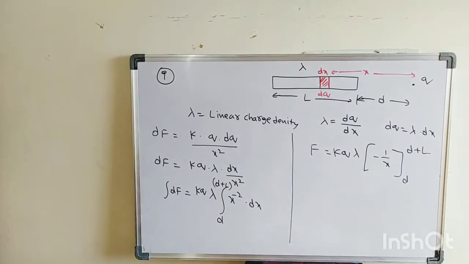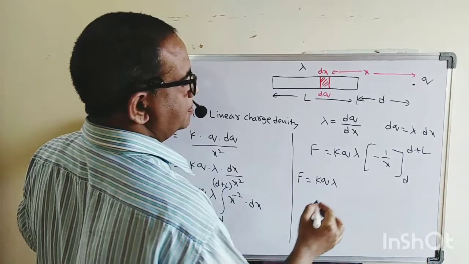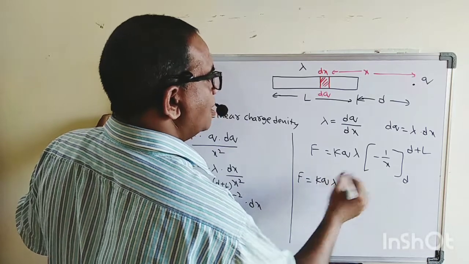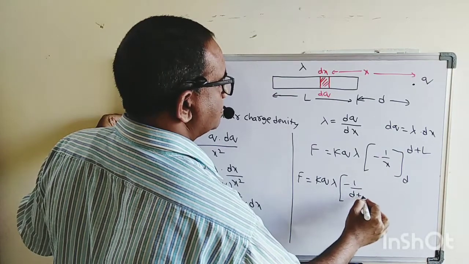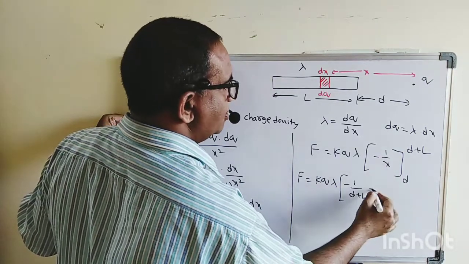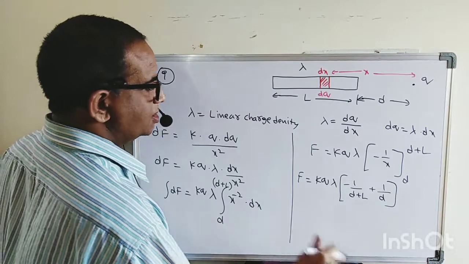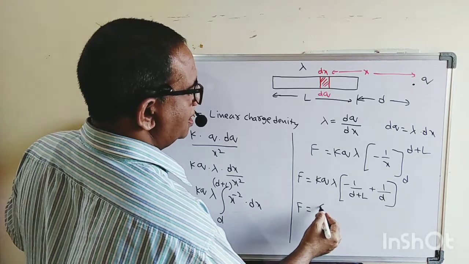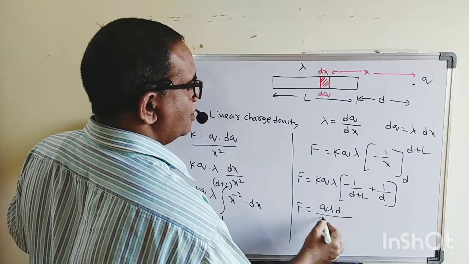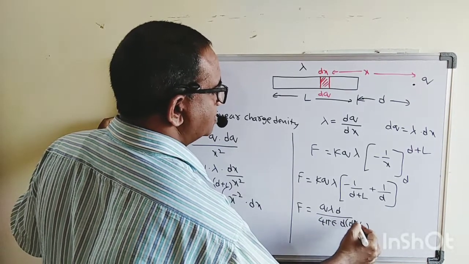If I substitute this, F is equal to kq lambda times minus 1 by D plus L, and minus of this will be plus 1 by D. If you take the LCM, then k means 1 by 4 pi epsilon naught, and finally we get q lambda into D by 4 pi epsilon naught into D into D plus L. This is the final answer.